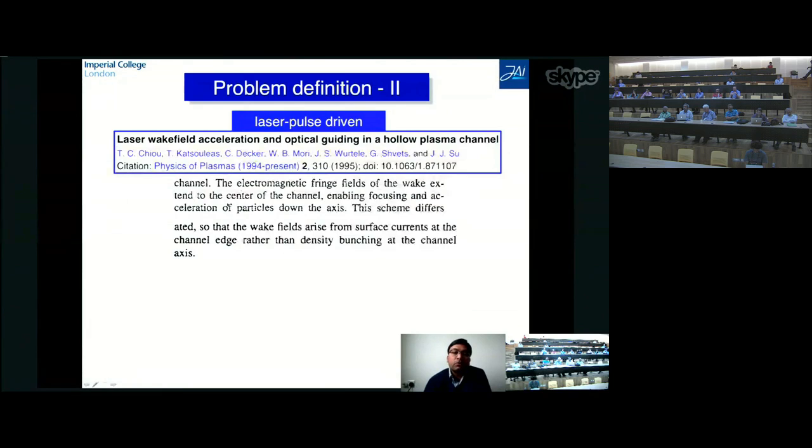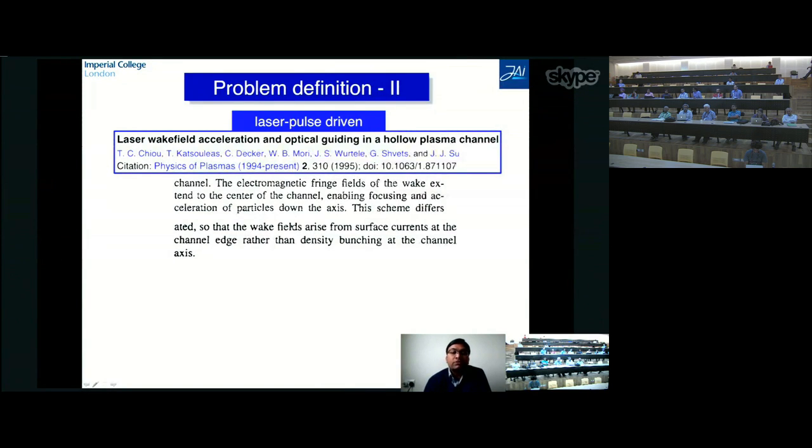So we are talking about a cylindrical hollow channel here, and the assumption is that there is vacuum in the center of the channel, and there is homogeneous plasma outside the channel. So when the electron beam or a positron beam or a laser pulse goes through this hollow channel, it drives the walls of the channel, and the electrostatic fields are excited in the walls of the channel, but electromagnetic fringe fields basically leak back, extend to the center of the channel, and that enables focusing and acceleration of particles down the axis.